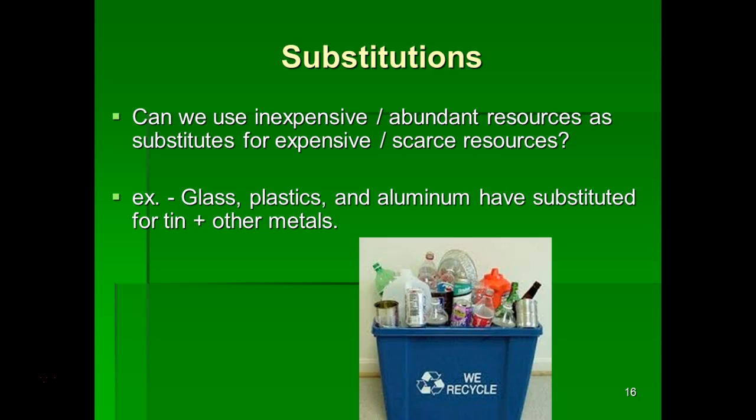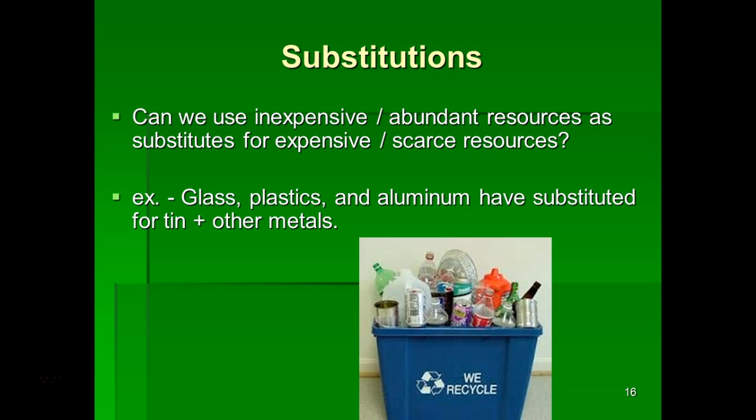Substitutions. Can we substitute? Can we come up with different things so that we're not taking these precious metals out of the ground? That helps. It needs to be inexpensive, and it needs to be either a recyclable entity or something that we have a lot of. Example, we're using glass, plastic, aluminum instead of tin. We used to use tin.